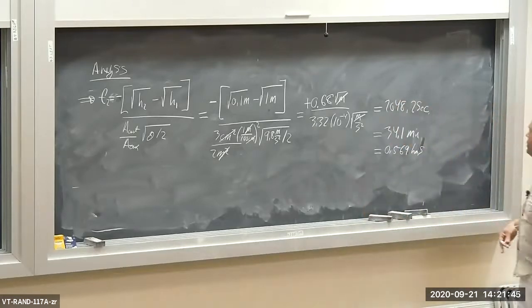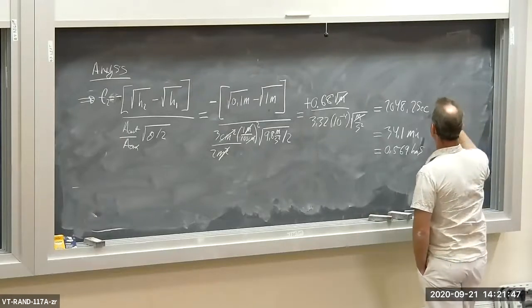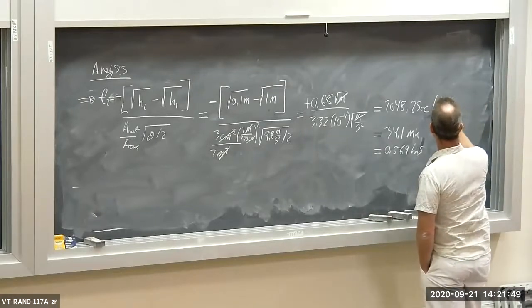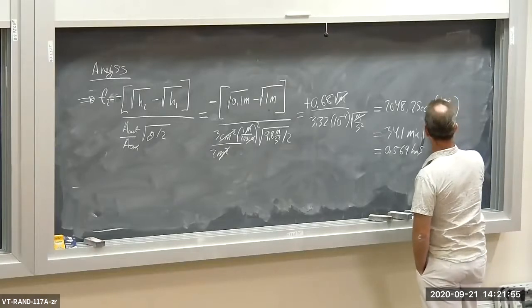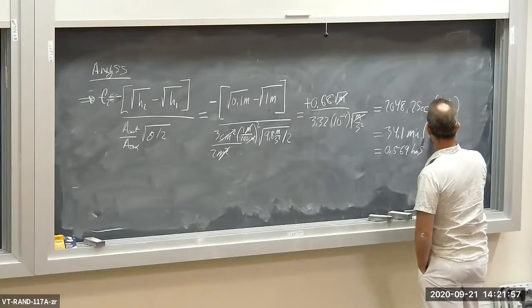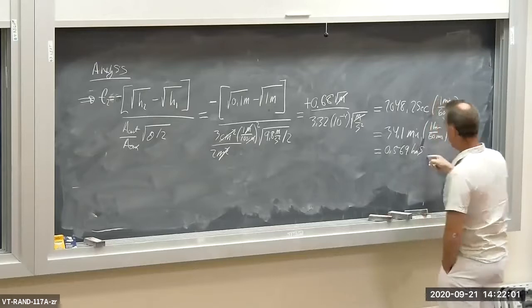The unit conversion here, there is 1 minute per 60 seconds, and there is 1 hour per 60 minutes here. So that's how we do the units, okay?